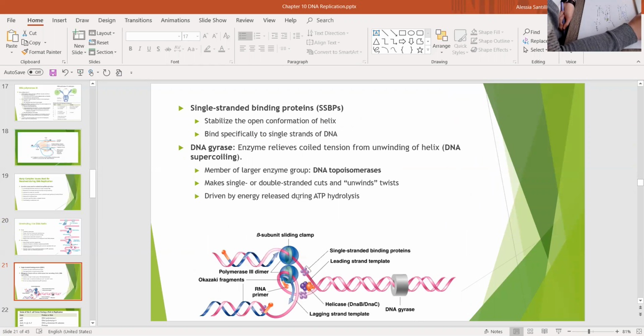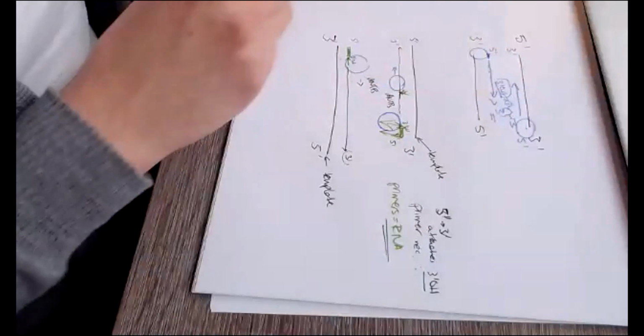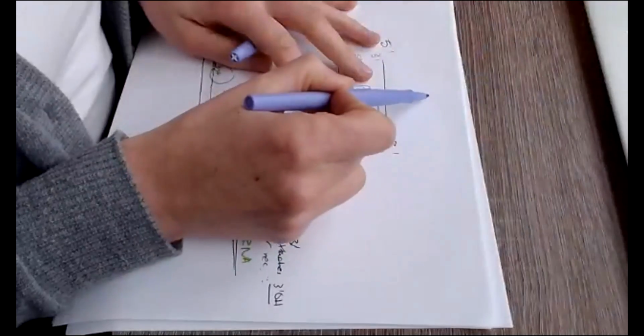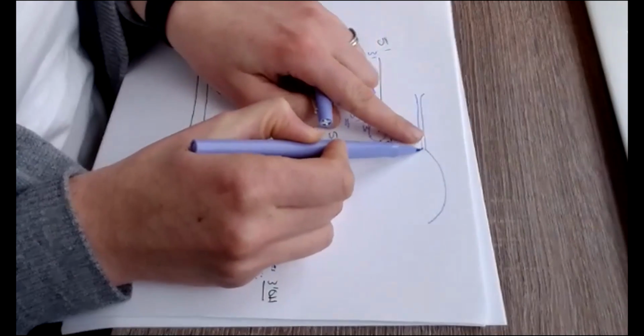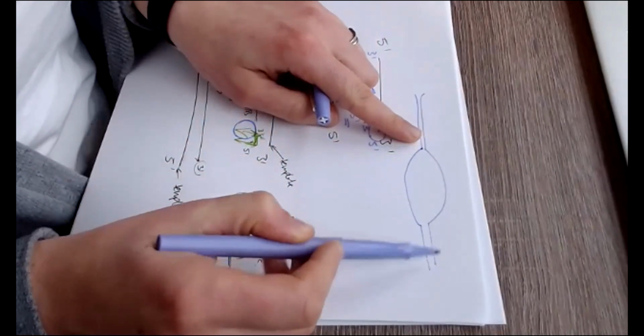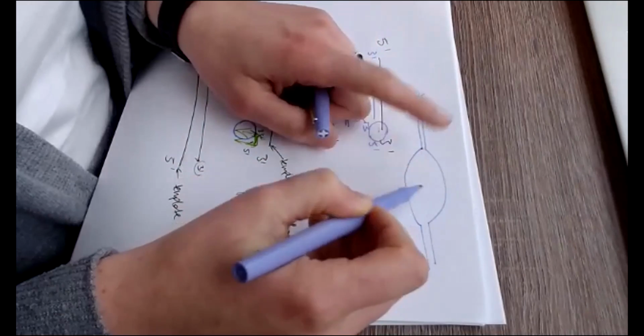So now that we've destabilized our DNA structure and we have something like this going on, right? Part of our DNA is still double-stranded, the other part is single-stranded. These 2 strands are complementary to each other.